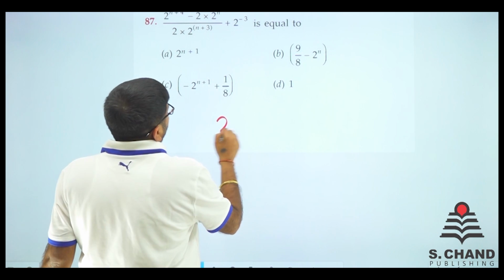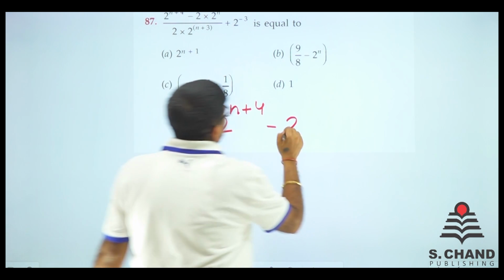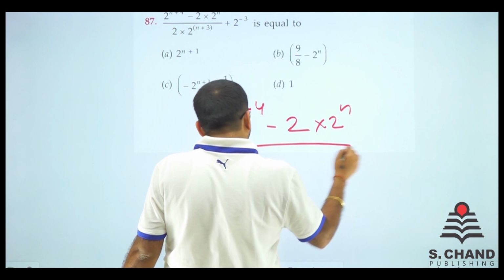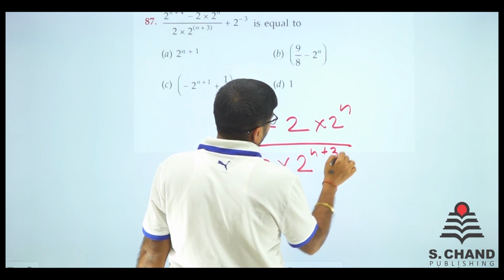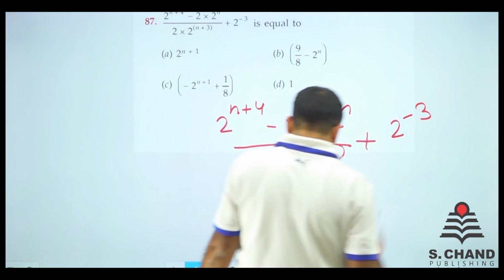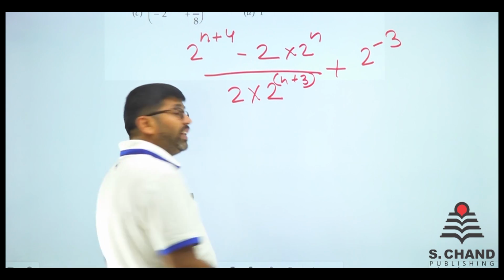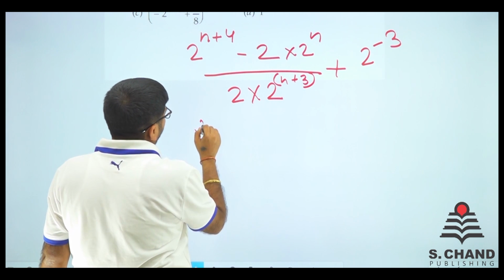Okay, so what I'll do is 2 raised to power n plus 4 minus 2 raised to power 2 into 2 raised to power n, divided by 2 into 2 raised to power n plus 3, plus 2 raised to power minus 3. So we'll do it one by one and easily so that you understand each and every concept, right? See, 2 raised to power n plus 4, leave it there only.